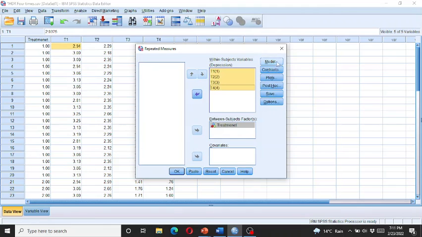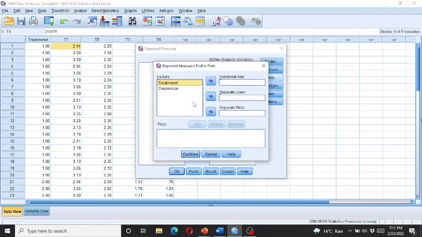Here we have a lot of options. You don't need to click on each and every option. The only options you need are the plots, and you may need the post hoc analysis, and some other kinds of outputs that you can get from clicking options. So here I can generate the plots, that is estimated marginal means, which can tell me graphically how much change has occurred from the time 1 till the time 4 in the level of depression.